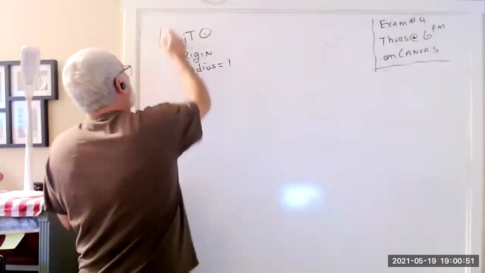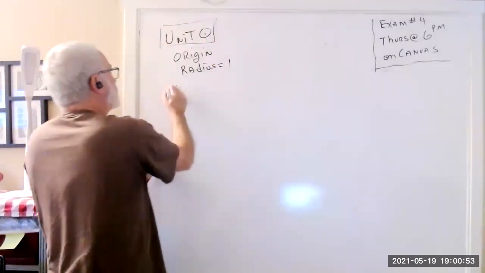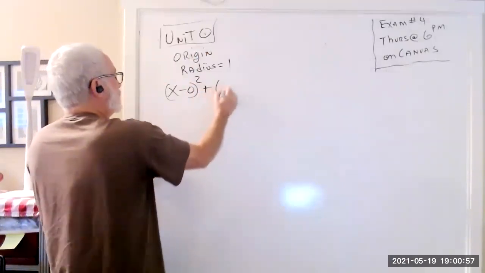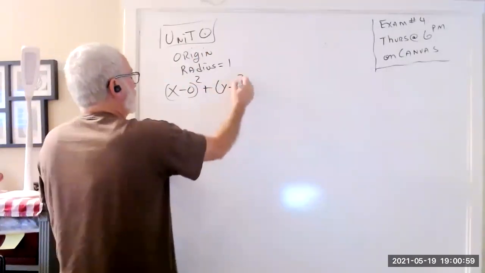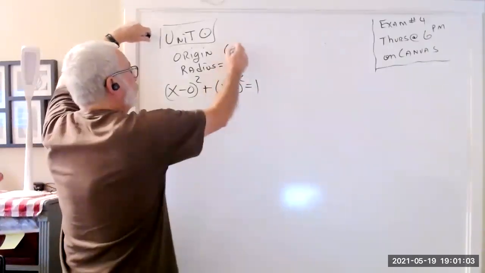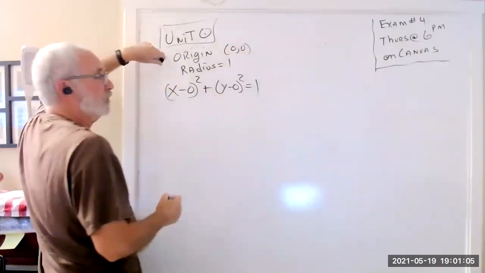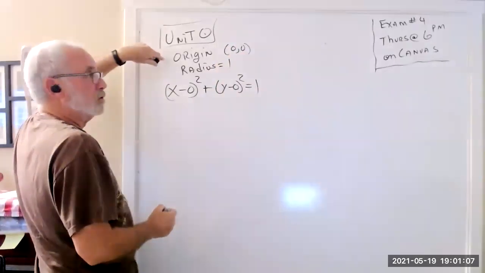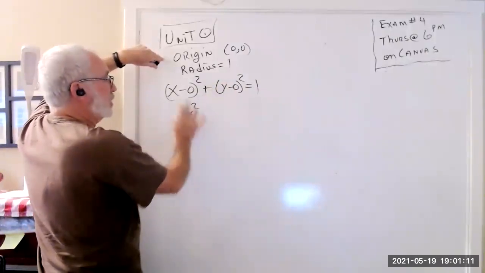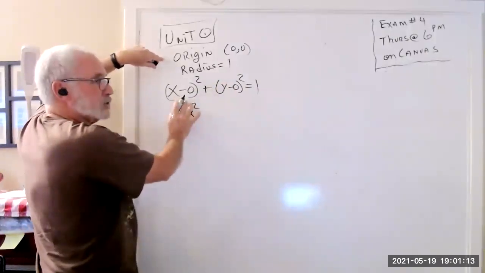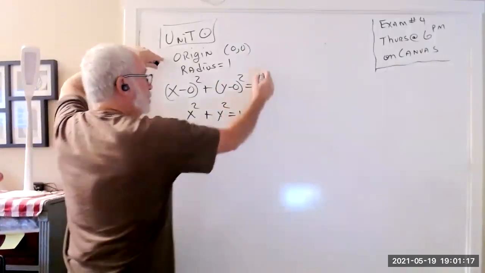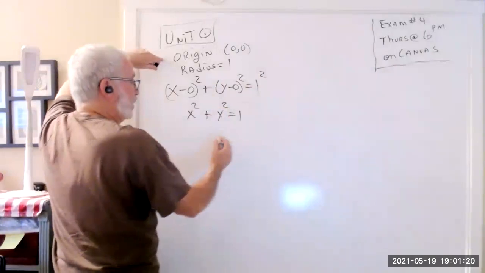Well, that means its equation is x minus 0 squared plus y minus 0 squared equals 1, because the origin means 0, 0. That's its center. We clean this up and just call that x squared, because we don't need the extra 0, plus y squared equals 1 squared.